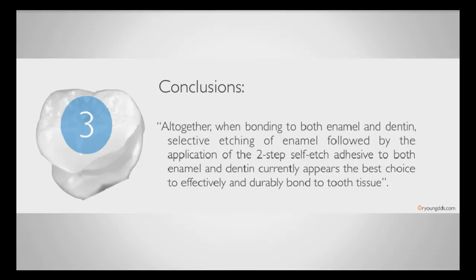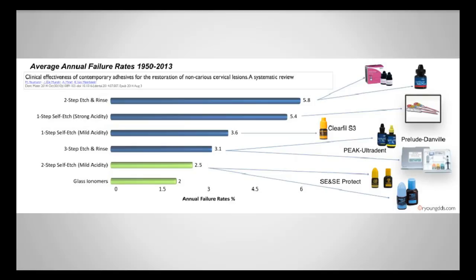So when we look at that research, glass ionomer, of course, had the lowest failure, the best success on fresh-cut dentin. But the next strongest was your two-step self-etch mild acidity. That happens to be SE Protect and SE Bond.